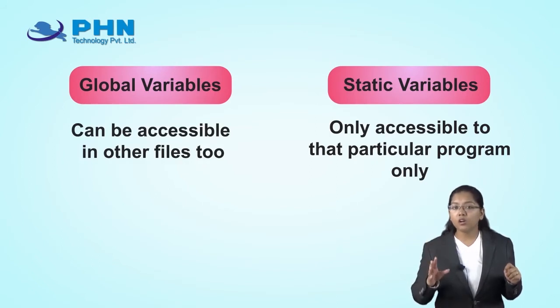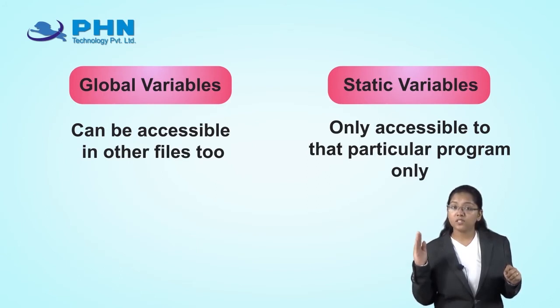Let's say you have a hello.c where you have declared a global variable, and you have a teacher.c. Now in this file also, if you want to access the variables of hello.c, then you can do it, only if those variables are global in your hello.c. Then you can use those in teacher.c.